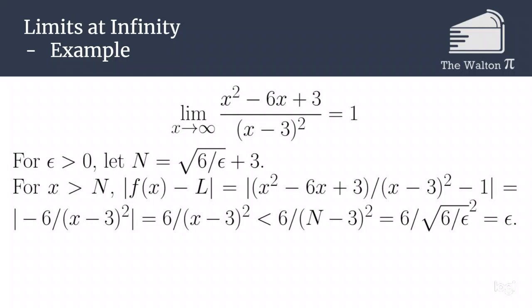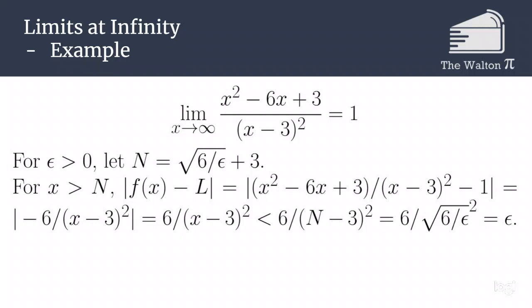So the top, x squared minus 6x plus 3, minus the bottom, just turns into a negative 6. So we get 6 over x minus 3 squared. That's going to be less than 6 over n minus 3 squared, which is equal to 6 over the square root of 6 over epsilon squared, which is equal to epsilon.